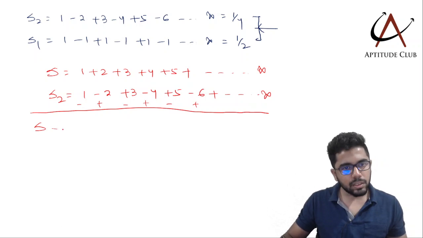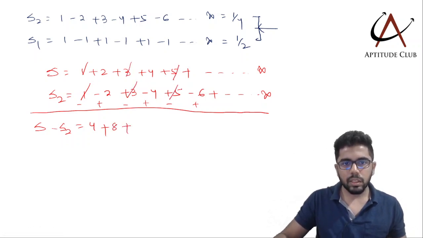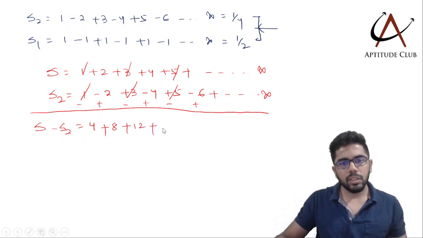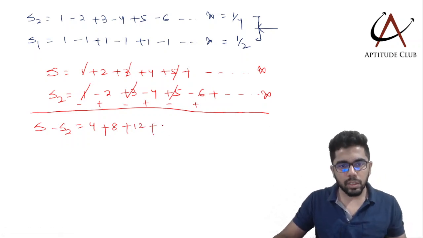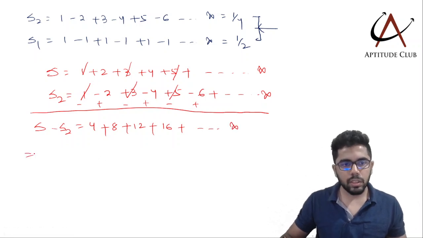So I get S minus S2. This 1 gets cancelled out, 2 plus 2 I get 4. Then 3 gets cancelled out, 4 plus 4 I get 8. 5 will get cancelled out, 6 plus 6 you will get 12. Similarly 7 will get cancelled out, 8 plus 8 will get 16. And this goes on till infinity.